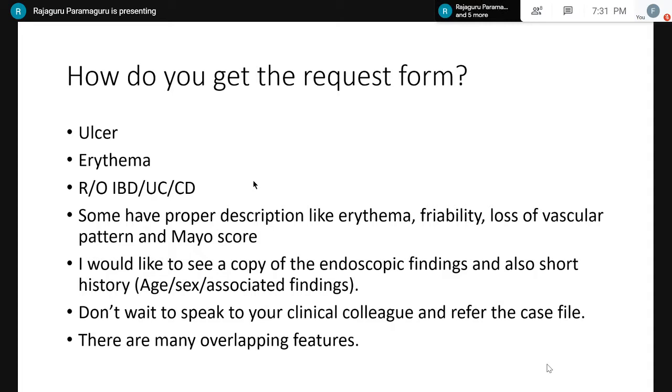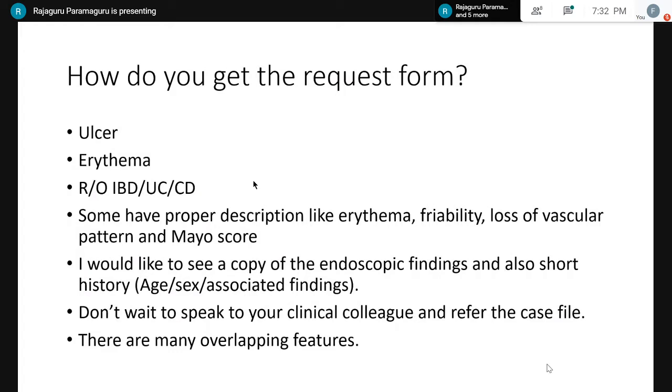So a detailed description of the endoscopic findings will be very useful, especially in a standalone lab where you do not have access to the clinical file, the case file. And every time you might not like to disturb the clinician by calling him or her to know the patient details. So developing a rapport with the clinician is very important, especially when it comes to GI biopsies.